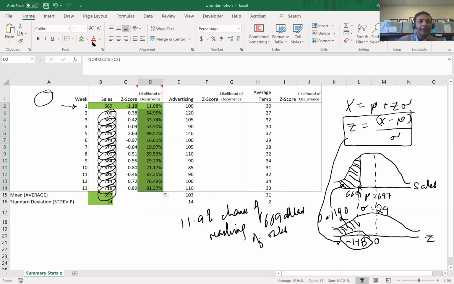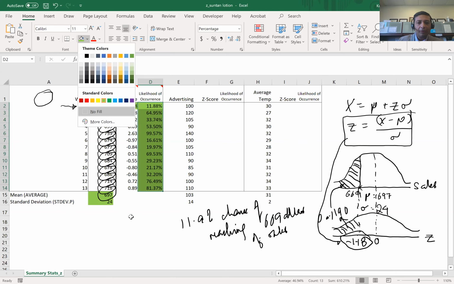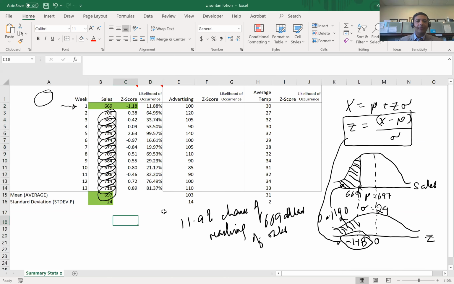Okay, so if I take away the fill for that specific column, that tells me that for week 5, I have sales of 759, that is covering 99.57% of my overall demand expectations.